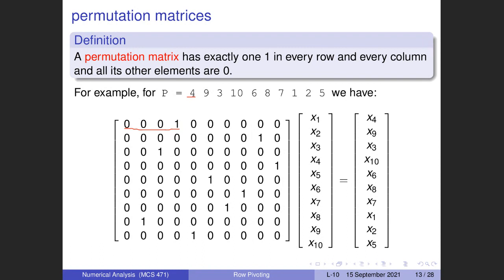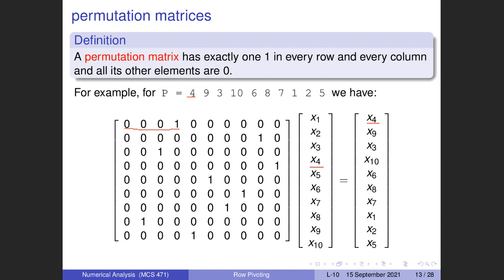This implies that if you do the matrix vector multiplication, the 4th element becomes first. So if you know the shorthand notation, you can permute the elements in the vector just by indexing.